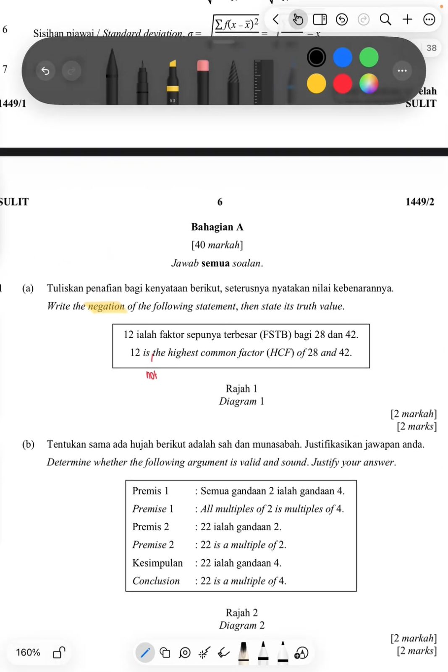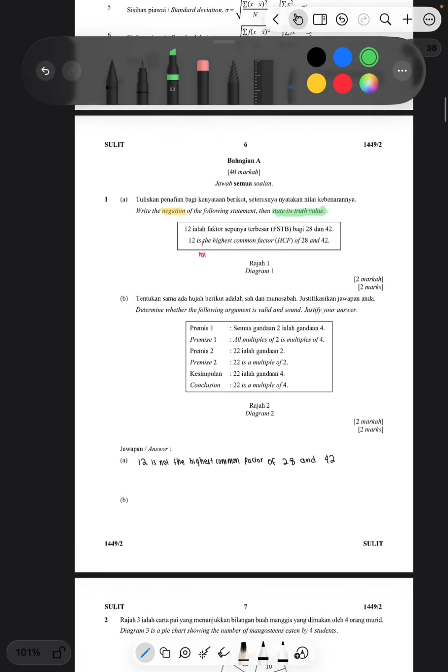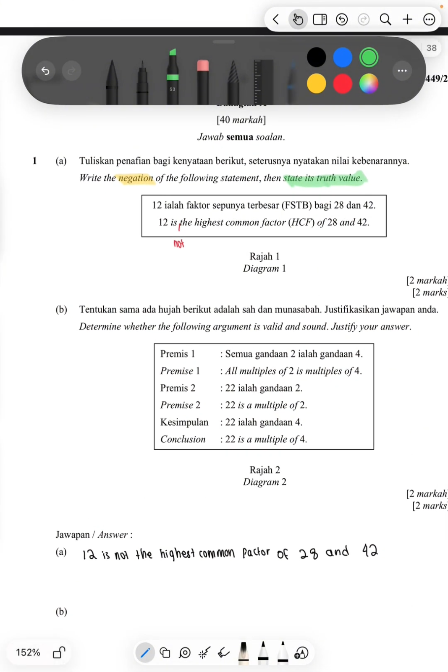Now the second part is to state its truth value. Now we check if the statement is true or not. So is 12 a common factor for 28 and 42? Take 28, divide by 12. Nope, you get a fraction.